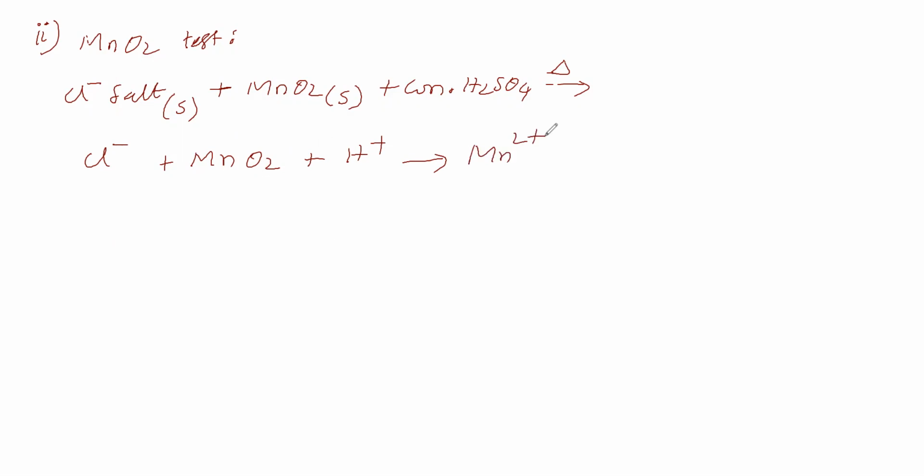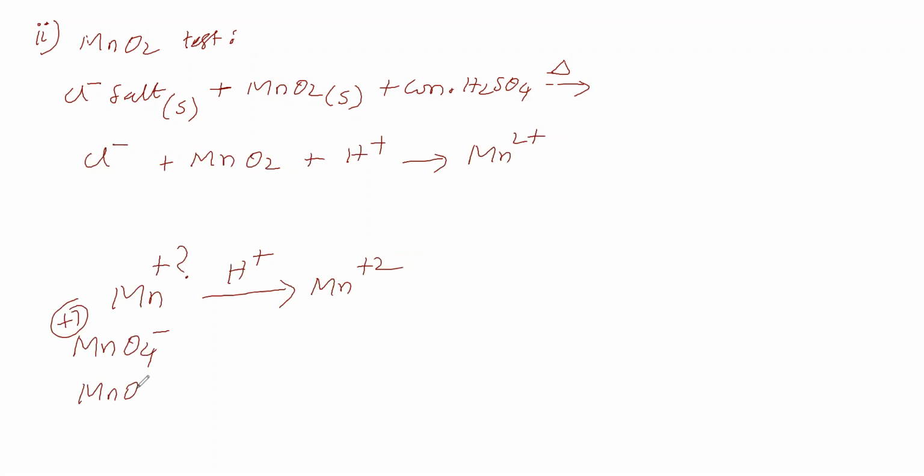Now we have to remember a point. In acidic medium, manganese, whatever the oxidation number, will become Mn+2. In MnO4 minus, manganese is +7.